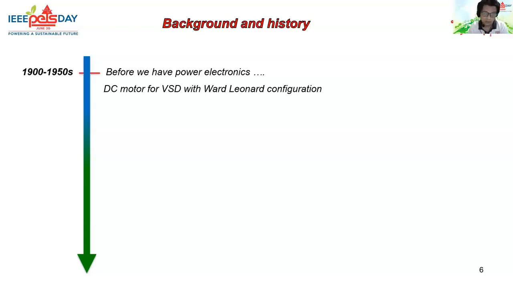In order to control the speed of the DC motor, you have to have a variable voltage coming from a generator, which is coupled to an induction or AC machine running at a constant speed. And we change the output of the DC generator by changing the field excitation.